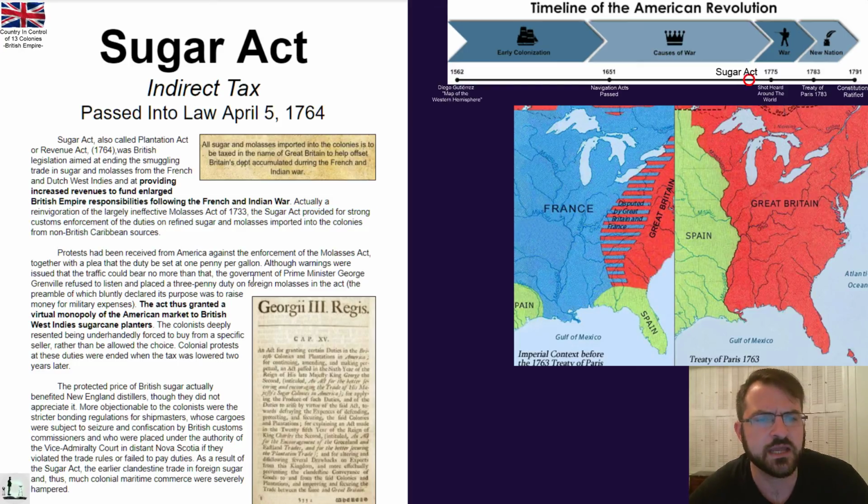So protests had been received from America against the enforcement of the Molasses Act. So people had previously not liked the Molasses Act, together with a plea that duties, the tax, be set at 1 penny per gallon. So for every gallon of molasses, that's where they're getting their sugar from. You get the molasses from sugar cane, and they're turning that into sugar.